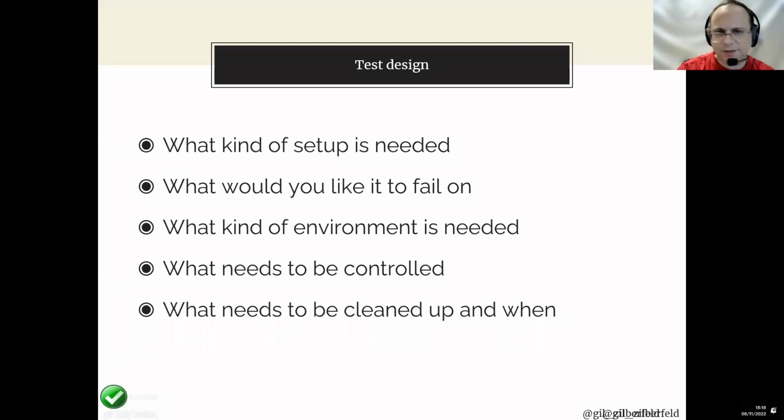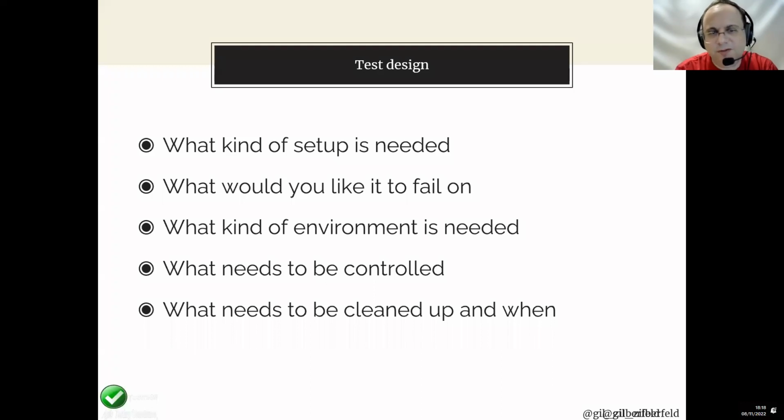Let's say I have this database thing. I'm checking this API not to check that my API works with a database. I want to learn and believe that it does, but I'm checking my logic of the code. In that case, I want to check the integration, but I don't want my test to fail on connectivity issues, right?